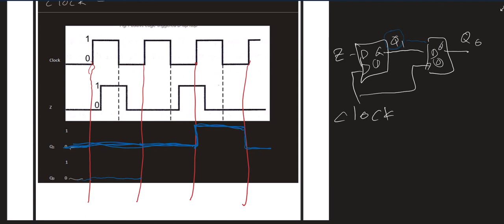Now when I get to this edge, it's going to follow what Q1 was here. It's going to go back 1 and look, and it was still 0.